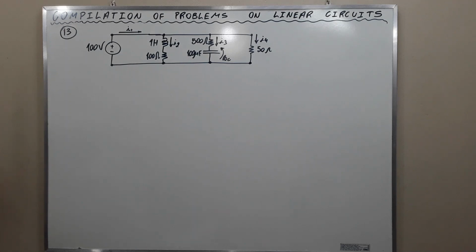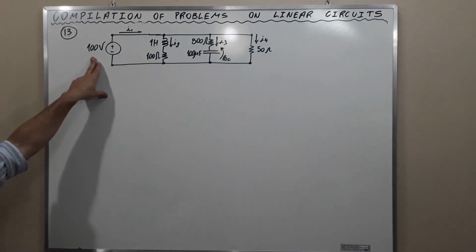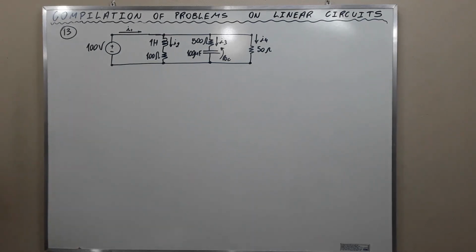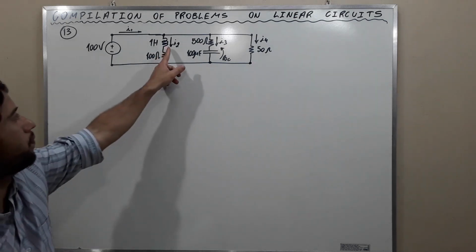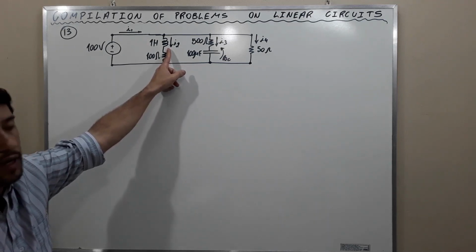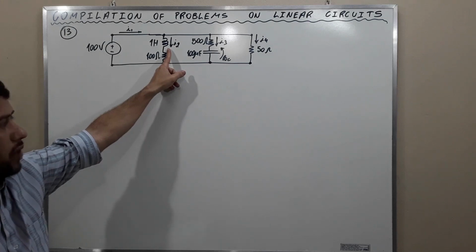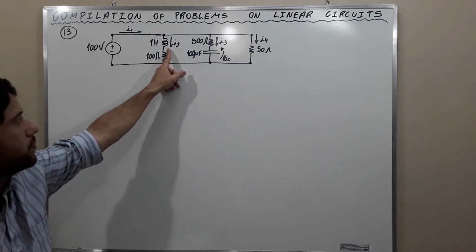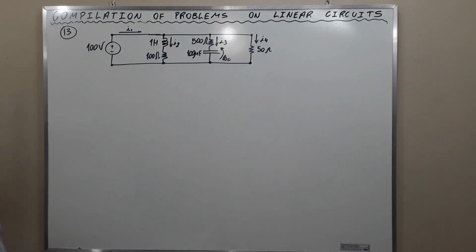In a circuit powered by a DC source, in steady state, the inductor behaves as a short circuit. There is an inductor here in steady state. After a long time has passed, the inductor behaves as a short circuit.